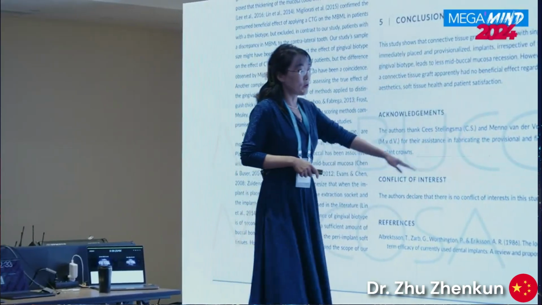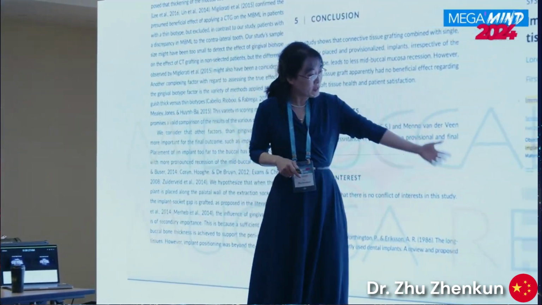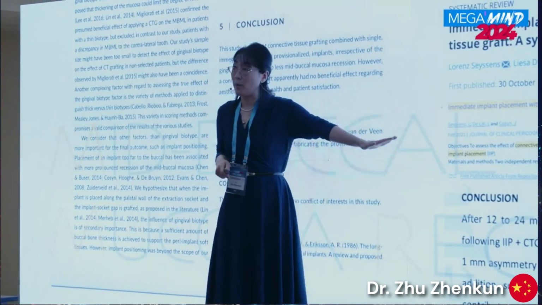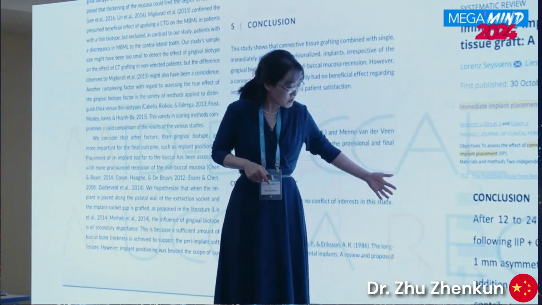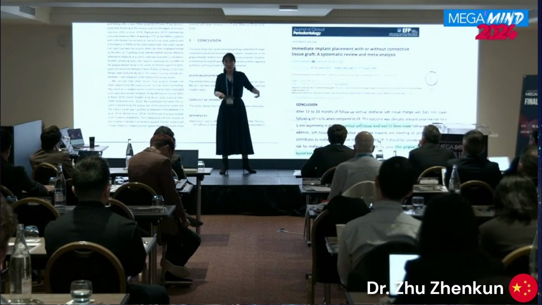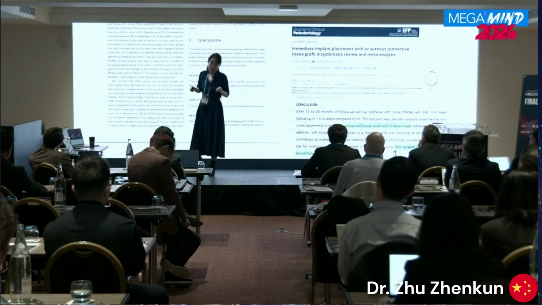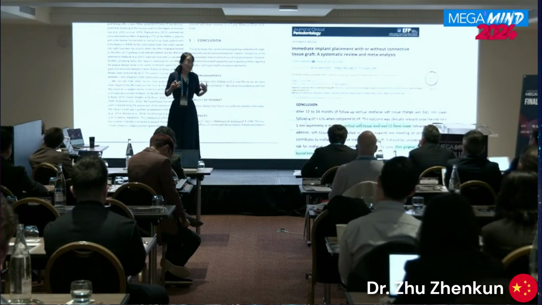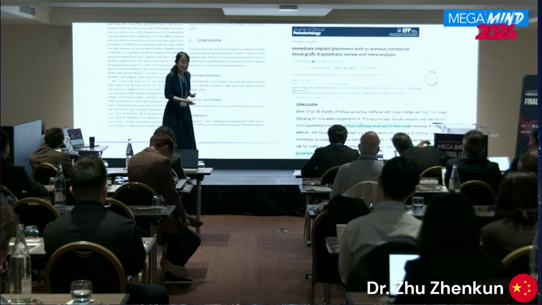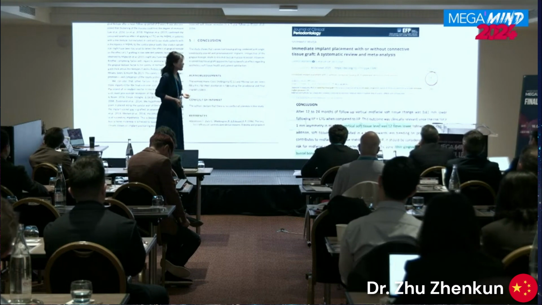It is also recommended, especially in patients with a thin gingival biotype or a buccal bone thickness of less than 0.5 millimeters, to use CTG when they receive immediate implant placement.